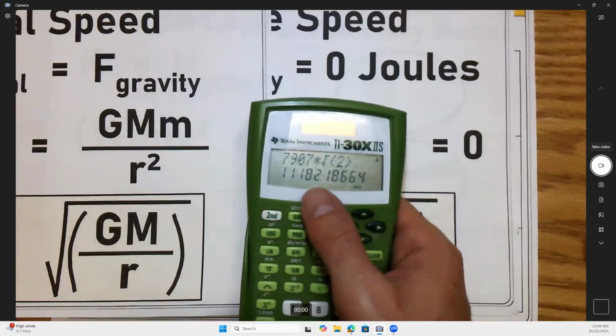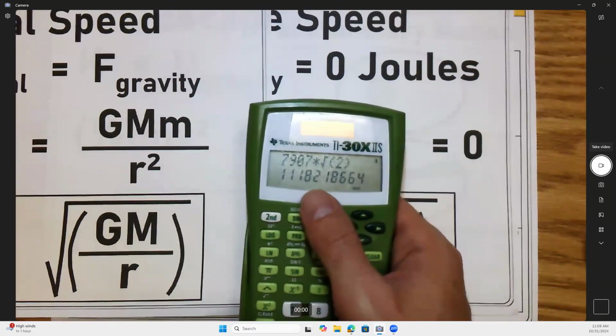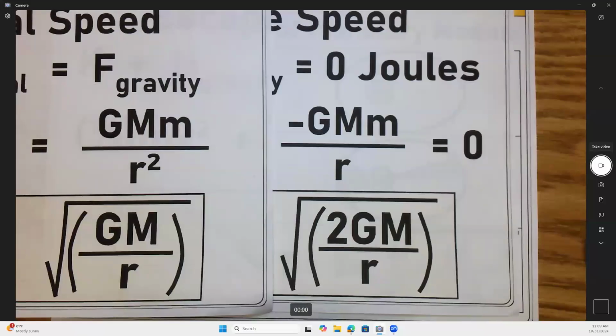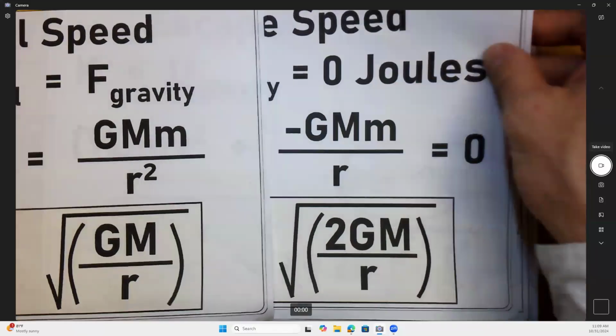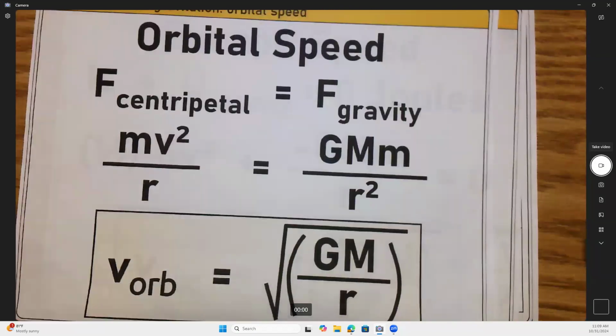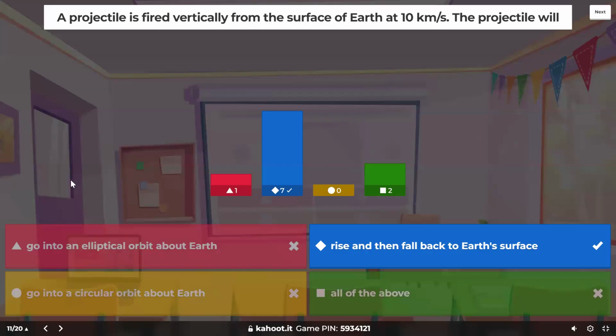So let's call it 11.2 kilometers per second. You guys got that? If you got a rocket going straight away from the Earth at that speed, it'll just barely be able to escape. Now, your Kahoot question said 10,000 meters per second, 10 kilometers per second. So it's not quite fast enough. That's why it's got to fall back down.